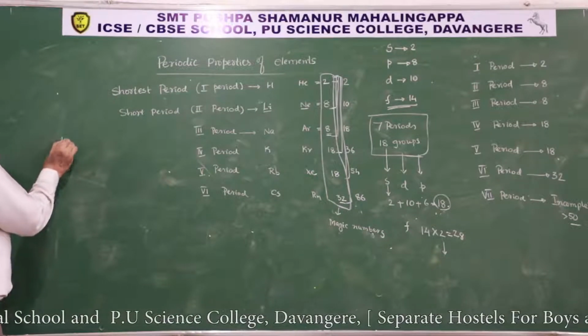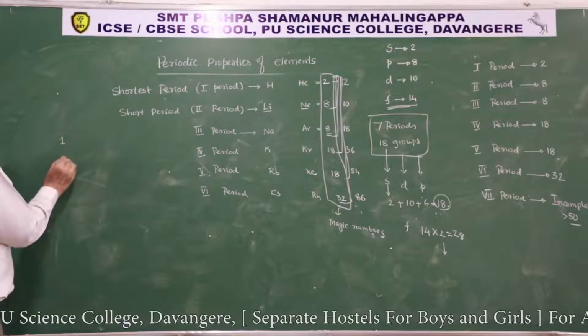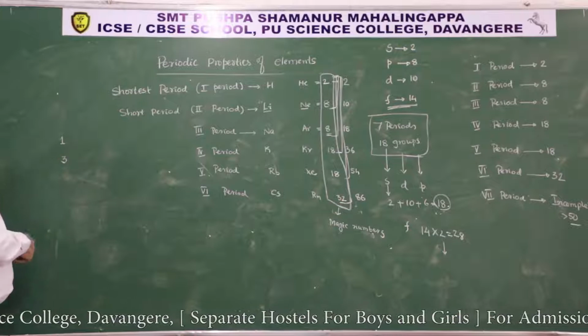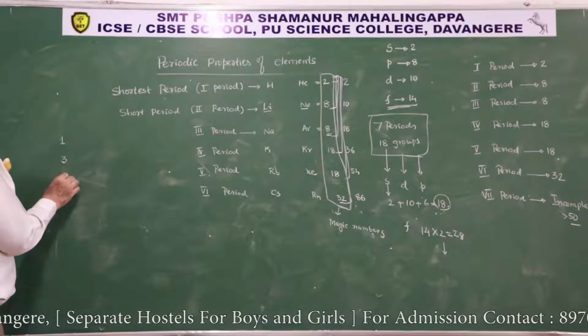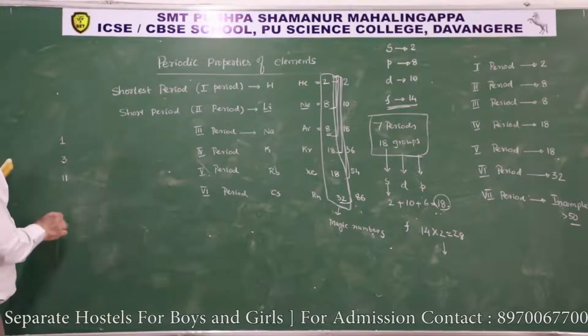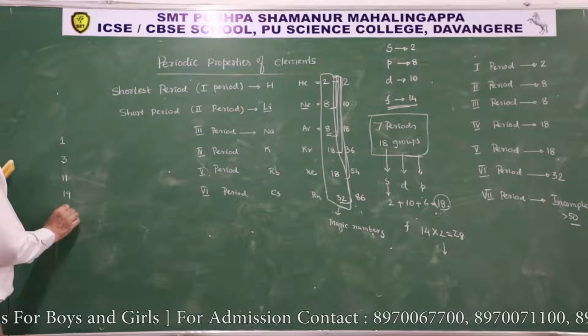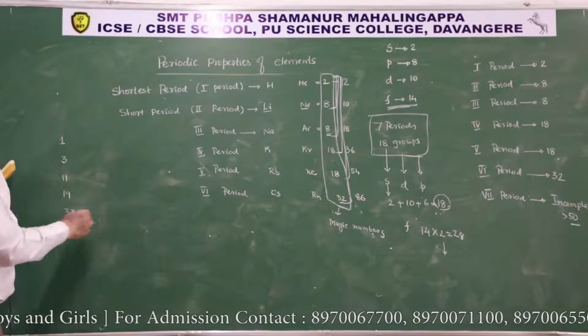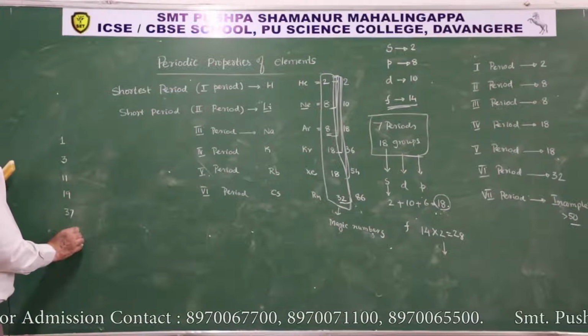Suppose the element with atomic number 1, keep it in mind. Add the first magic number, then the second is found to be 3. Add the next magic number, then the next is found to be 11. Next magic number, that is found to be 19. Next magic number, that is found to be 37. Add the next magic number, it is found to be 55.